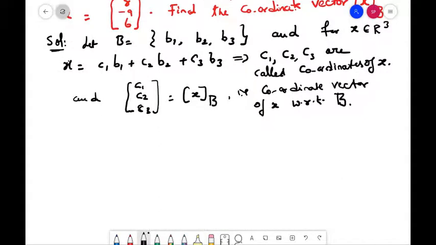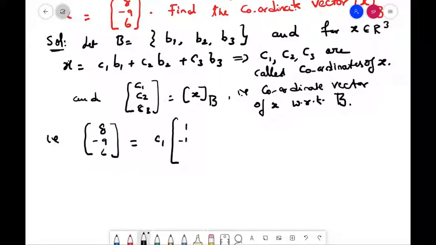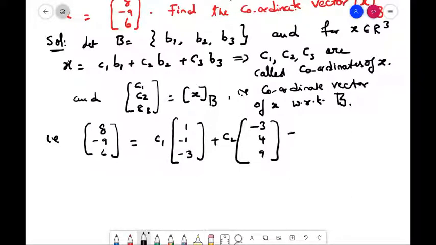What is X given to us? X is 8, minus 9, 6, which is equal to C1 into, what is B1? 1, minus 1, minus 3, plus C2 into minus 3, 4, 9, plus C3 into 2, minus 2, 4.